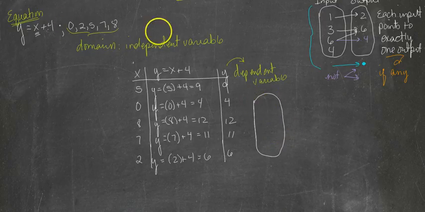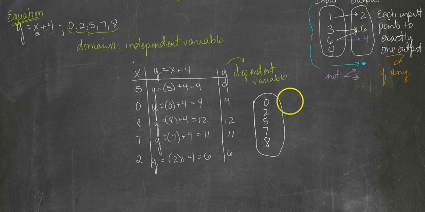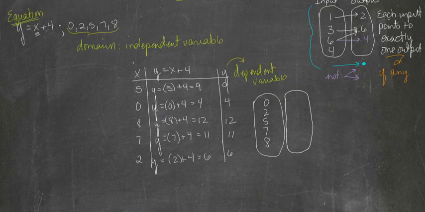And if my domain is 0, 2, 5, 7, 8, I'm going to map each of these numbers. Map is the same thing as point to. I'm going to map each of these numbers over to my output. So my domain and my range. So 0 pointed to 4. Okay, I'm good with that. 2 pointed to 6.